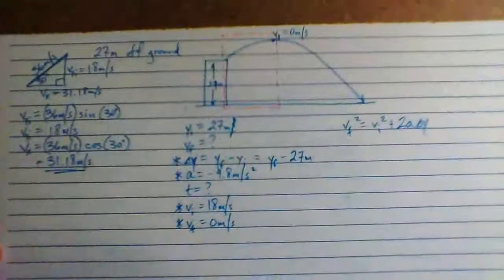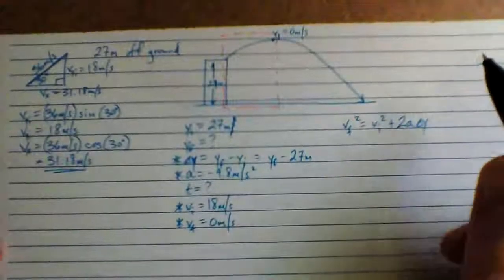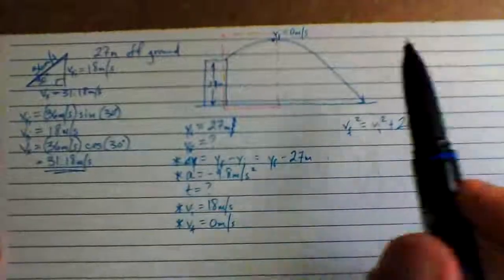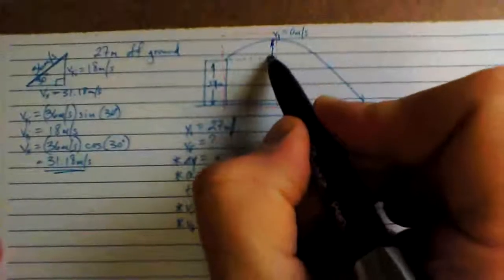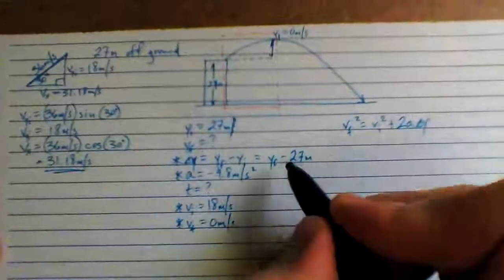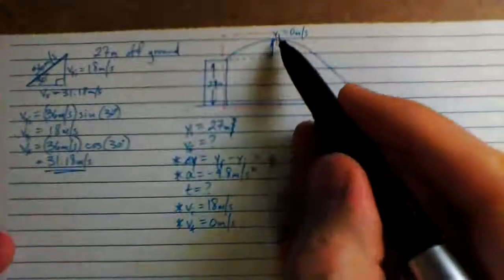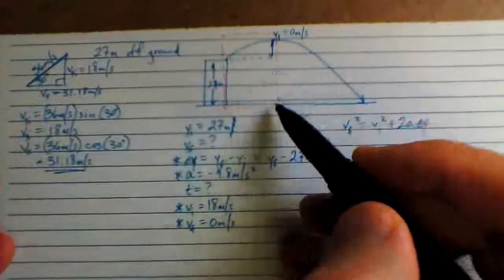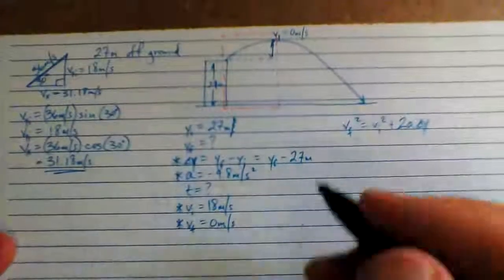If I don't do that, then I run a high risk of finding delta y and then saying I'm done with the problem, but in reality you'll have only found that height. By plugging in yf minus 27 for delta y, what we're going to find is the final height above the ground, not just the height that it goes above the top of the building.